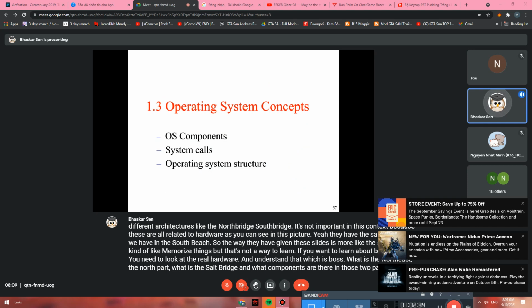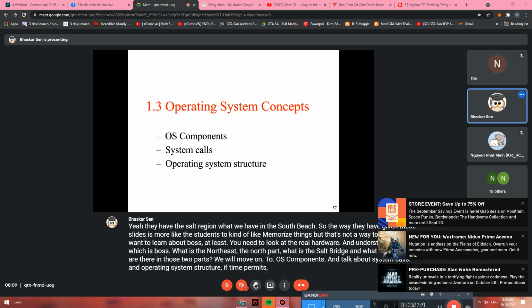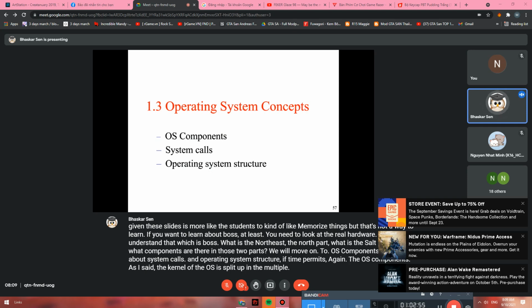We will move on to OS components and talk about system calls and operating system structure if time permits. Again, the OS components, as I said, the kernel of the OS is split up into multiple components or modules.